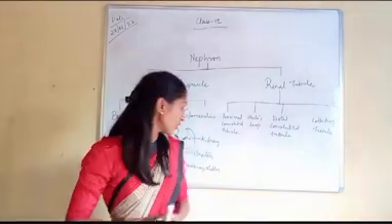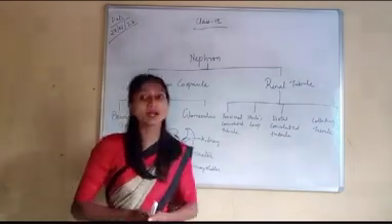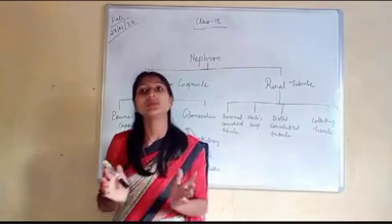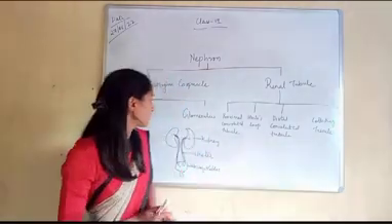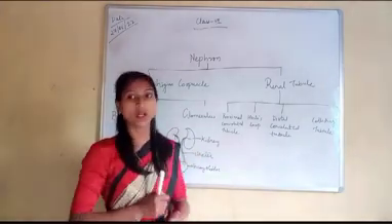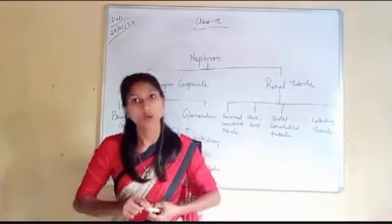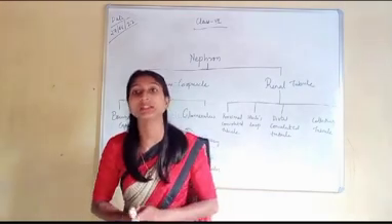So this is how the excretory products, the waste products produced by our body, are removed from our body, with the help of the excretory system, with the help of the nephron which is present in the kidney.